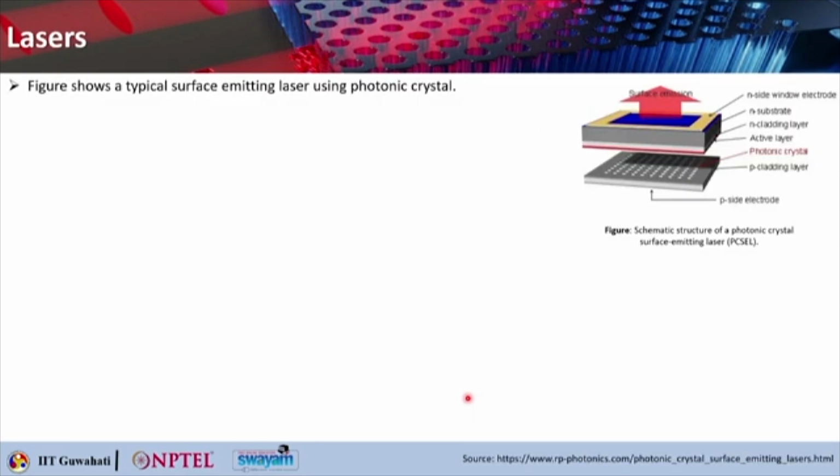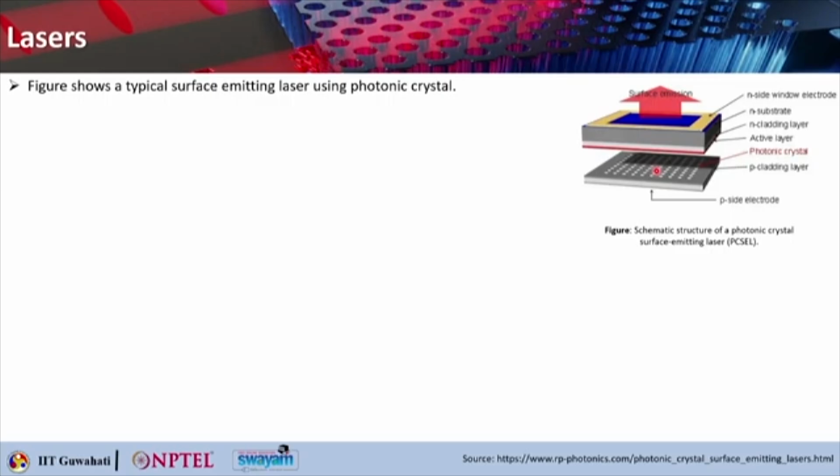Another important application of photonic crystals is towards lasers. This particular figure shows a typical surface emitting laser based on a photonic crystal. The central part here is a two-dimensional photonic crystal structure, as you can see, that functions as the laser cavity.